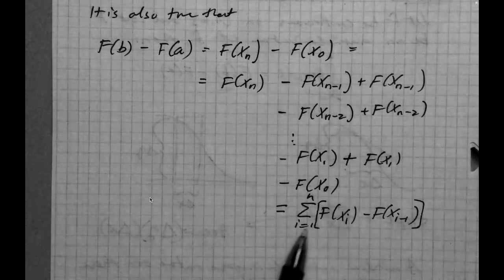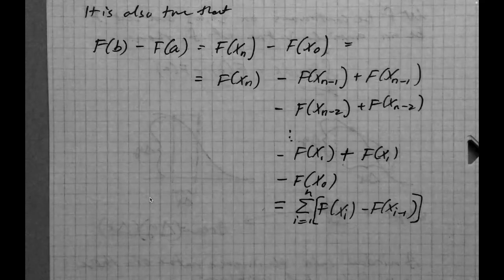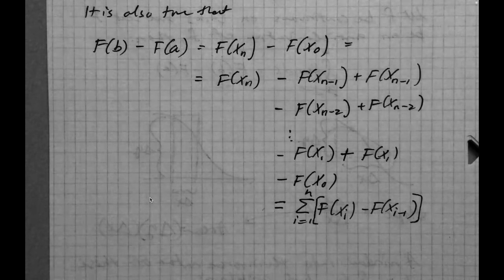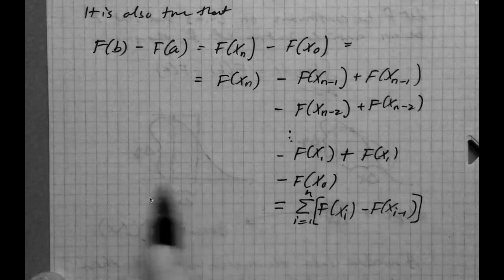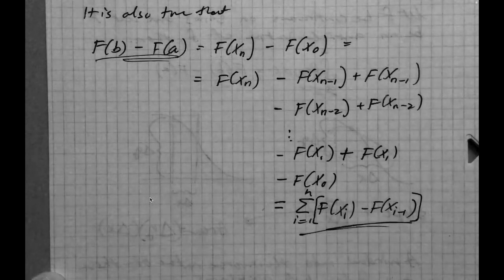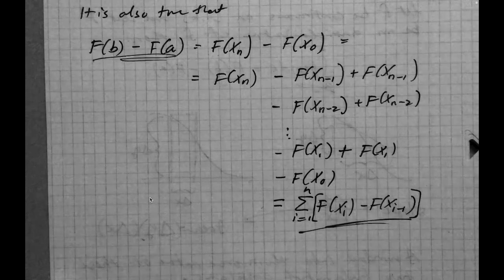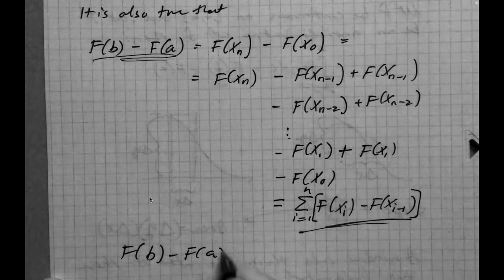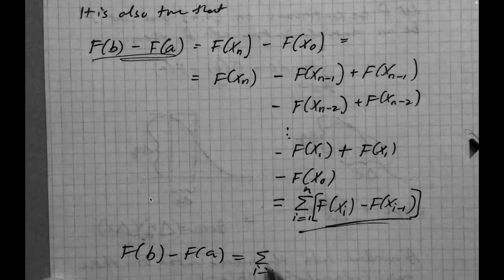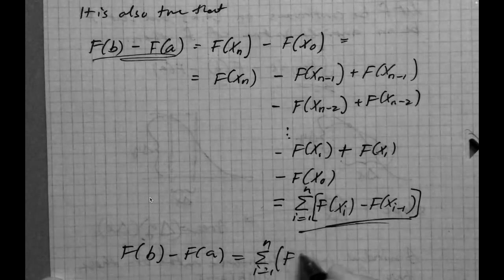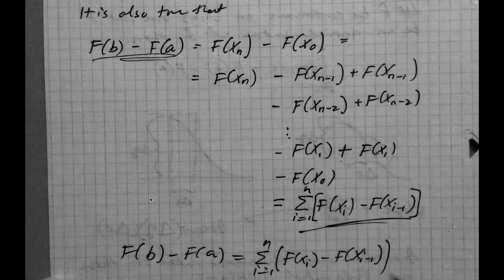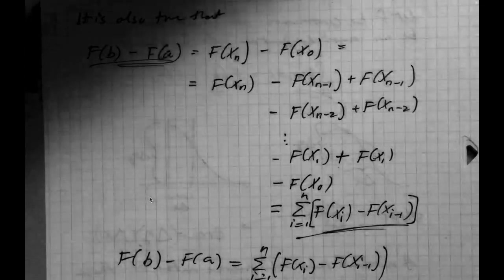In that way, you would get all the way up to the very top. So keep this piece in mind: basically F of b minus F of a equals this sum.